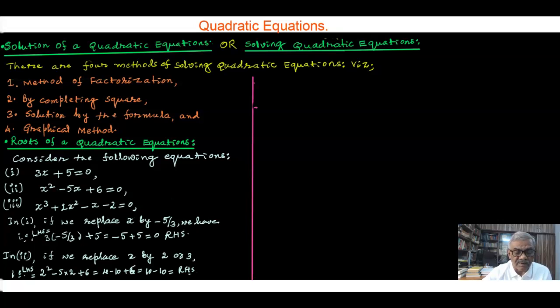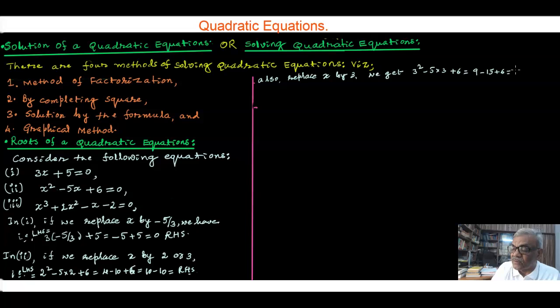And now also replace x by 3. We get 3 square minus 5 into 3 plus 6, that is 9 minus 15 plus 6, equal to 15 minus 15, equal to 0.